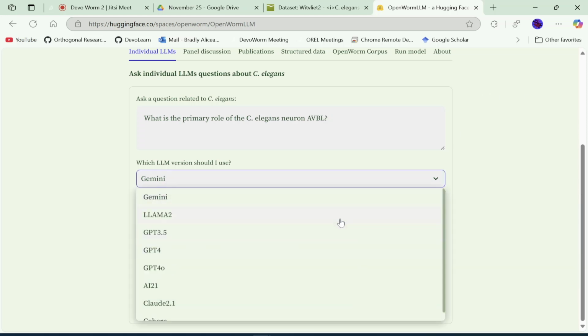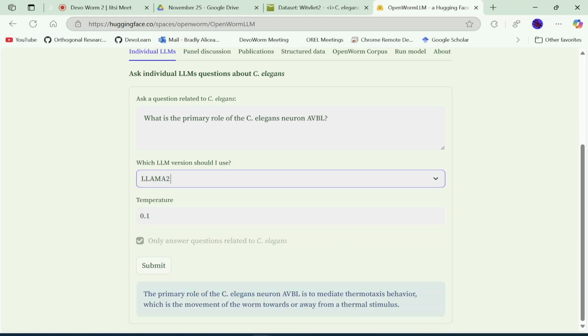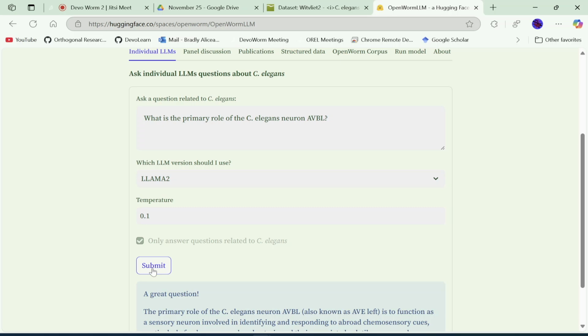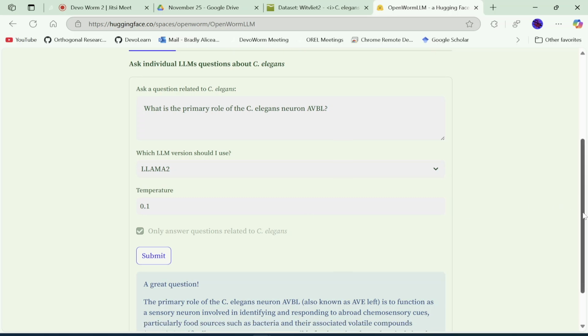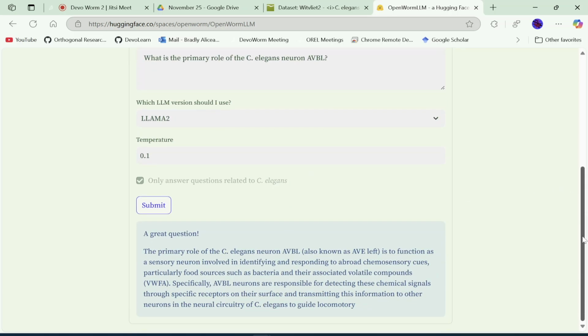I can also choose other large language models, Llama 2. Let's try Llama 2 just to see what happens. Okay, now that's a little bit different question or answer. A great question. The primary role of the C. elegans neuron AVBL, known as AVE left, is to function as a sensory neuron involved in identifying and responding to a broad range of chemosensory cues, particularly food sources such as bacteria and their associated volatile compounds.